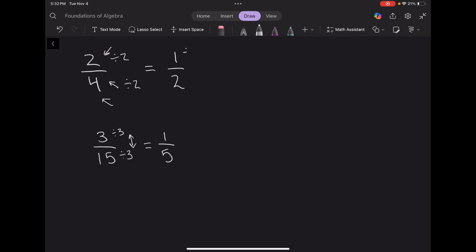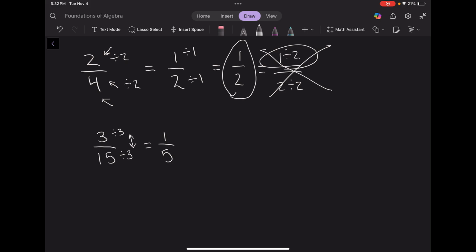Now, we can divide this by 1, and we can divide this by 1. However, we just get the same thing. What if we tried dividing it by 2? Well, this poses a problem. So this is our final answer. And the same thing happens here.